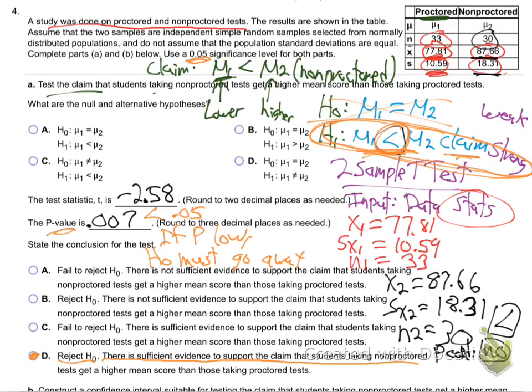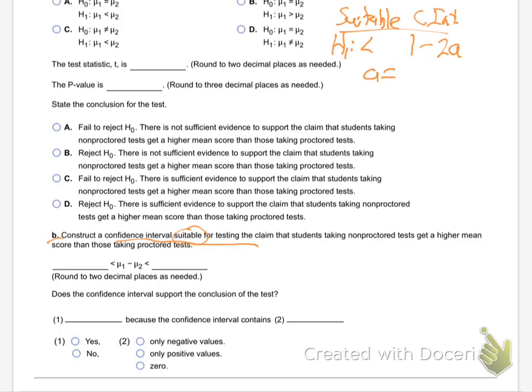The significance level, 0.05, that's our a. So the C level, the appropriate confidence level, will be the same as the hypothesis test. We plug in 1 minus 2a, 1 minus 2 times 0.05, 1 minus 0.10, 0.90. So we need to do down here a 90% confidence interval.